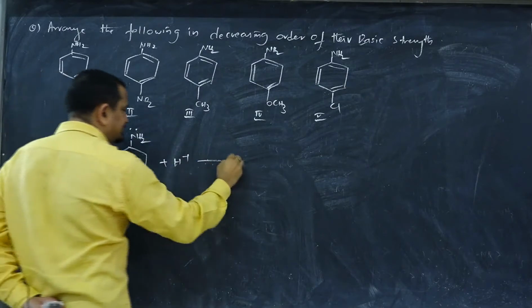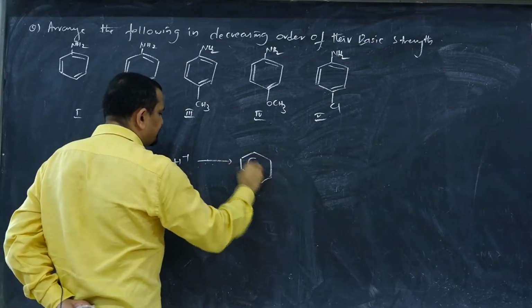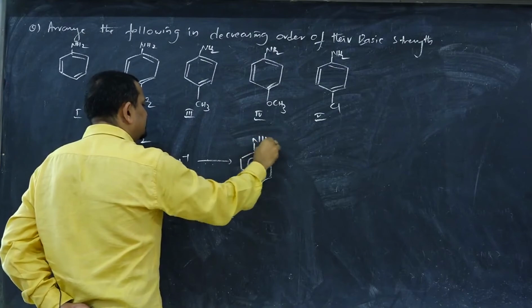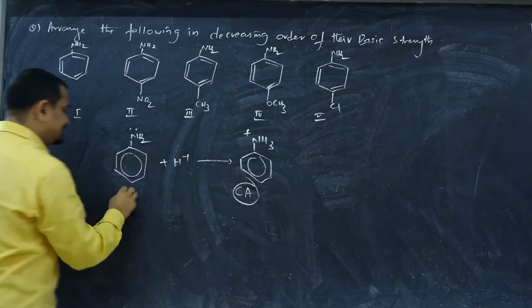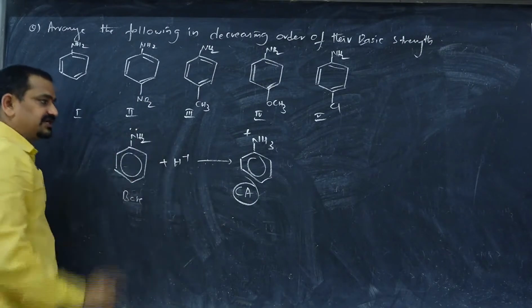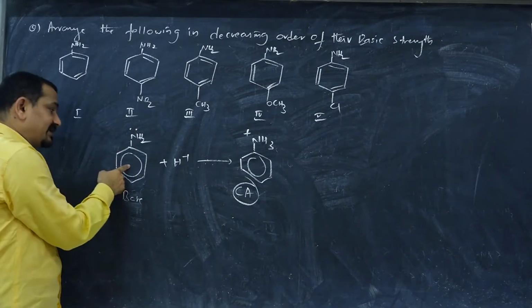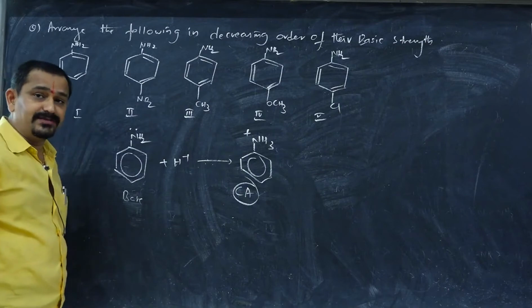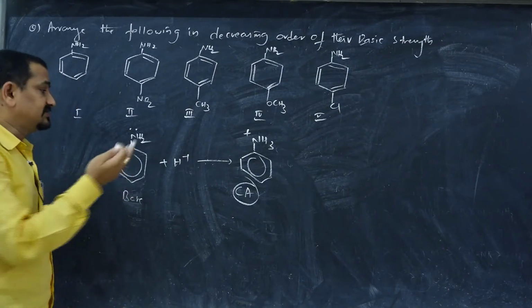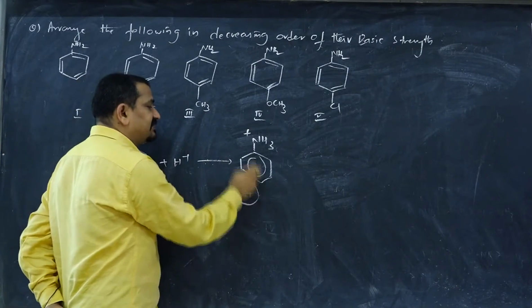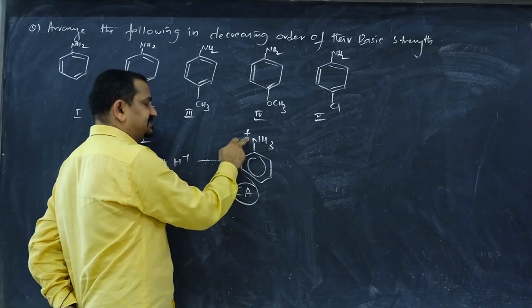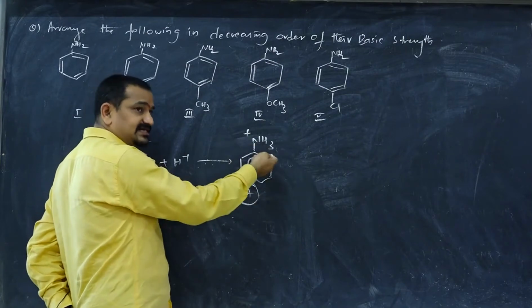Base means Lewis base it is. After behaving as a base, it becomes NH3 plus. This is the conjugate acid. This is the base, that's the conjugate acid. Now, for this to be a strong base, its conjugate acid should be more stable. Now, what sort of groups will stabilize this? Here a plus charge is there, so there should be electron releasing groups.